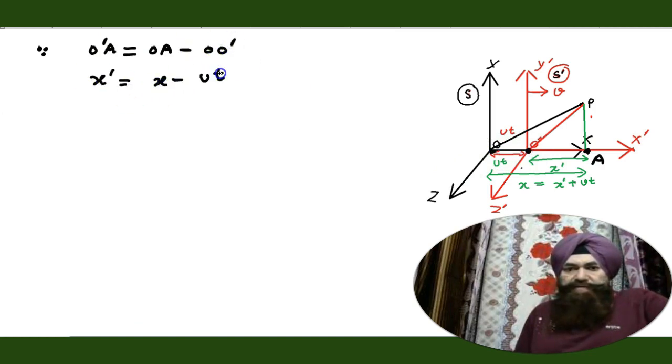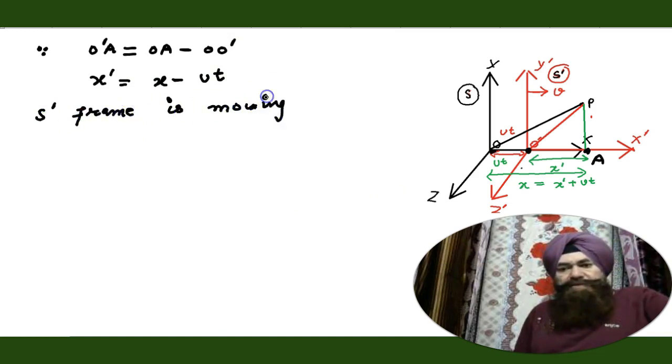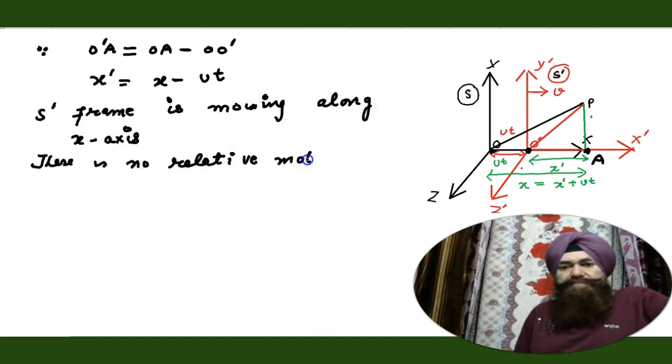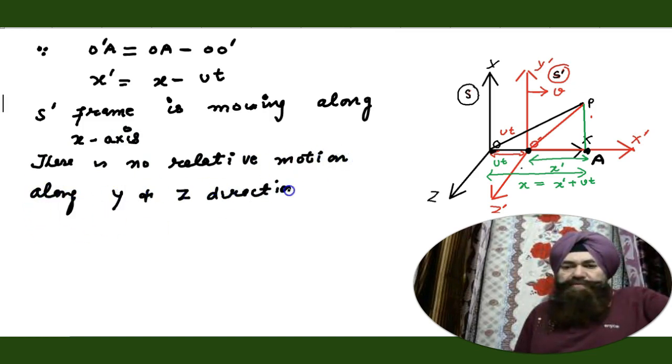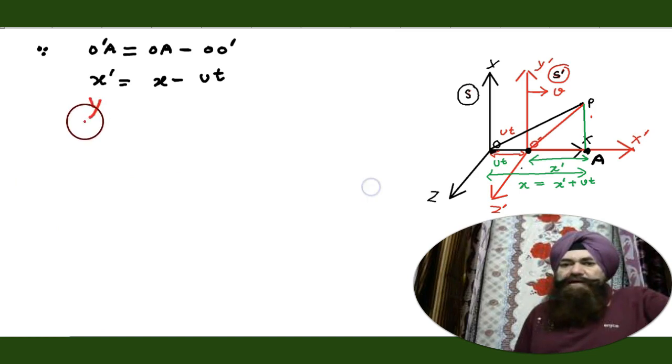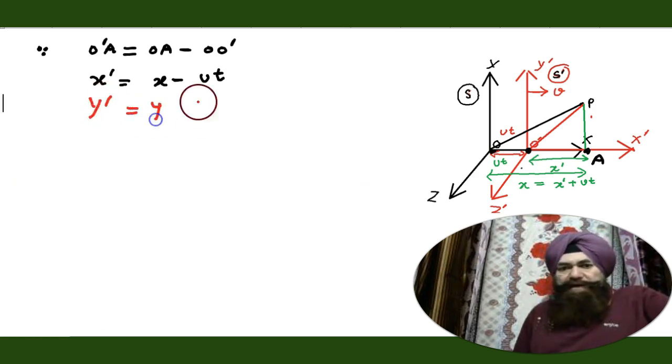So already I defined O dash A is how much? So x dash is x minus Vt. S dash frame is moving along the x-axis, and there is no relative motion along y and along z, so no change.